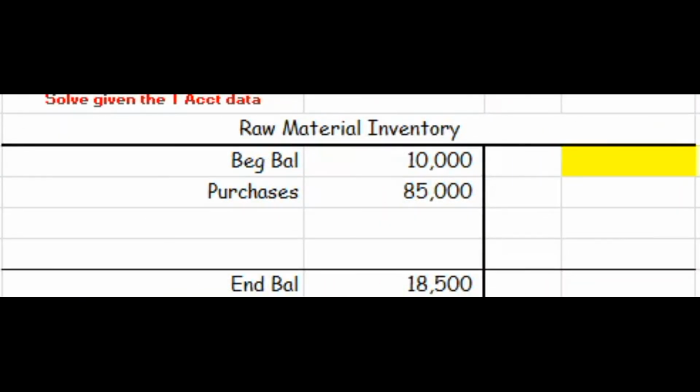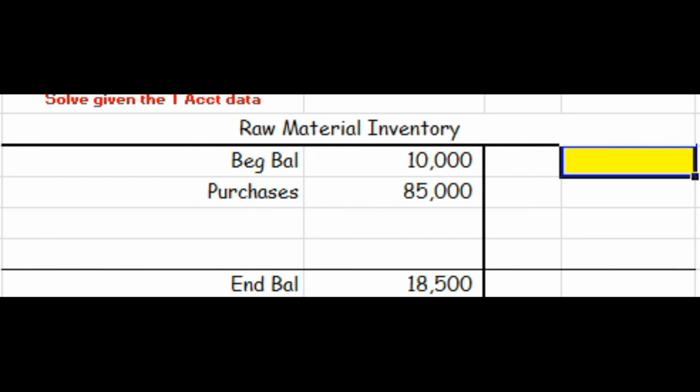So the next requirement is to solve for the missing items in all of the T accounts. So if we just look at raw materials, it has a beginning balance, purchases, and ending balance. So from accounting 1 or from any exercise that you've done with T accounts, you should be able to decide what your missing number is as far as what raw materials have been assigned during the current period.